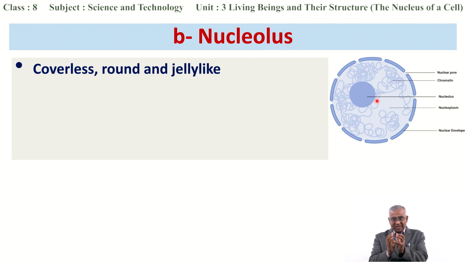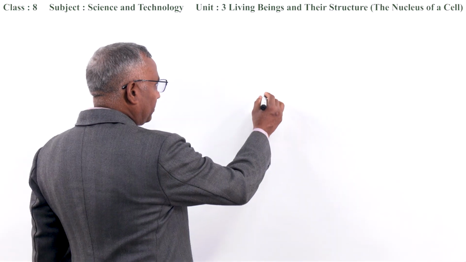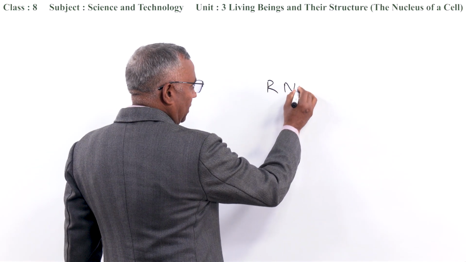Thick means dense fluid that is more jelly-like, not watery, and it is a round and coverless structure. Yes. It is made of protein and RNA. RNA is what? Do you remember? Once I wrote about it. RNA.